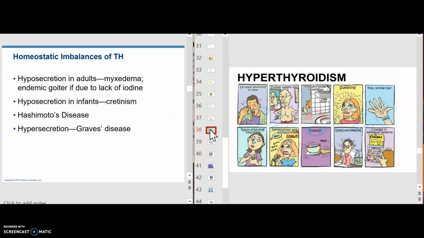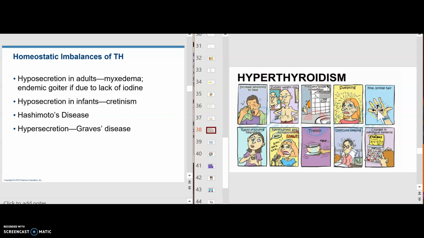In hyperthyroidism, you have many things: increased sweating and weight loss, because remember, thyroid hormone is calorigenic. It increases the basal metabolic rate, so it starts burning a lot of calories. Sweating, fine hair. Remember, thyroid hormones are also involved with the hair. It promotes normal secretion of the skin, hydration.